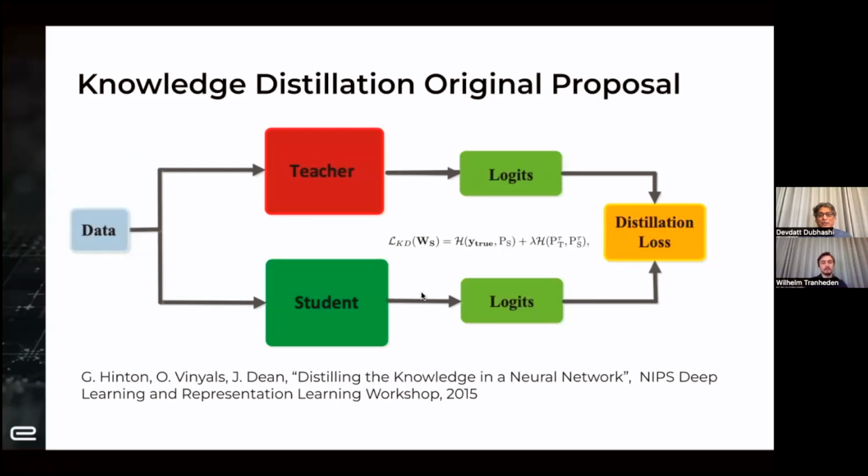And you have the student network, which has the same output layer. And the idea is that you should match these two output layers between the teacher and the student. And that way you're going to transfer the knowledge that the teacher has learned into the student.